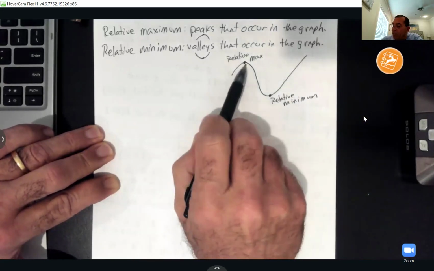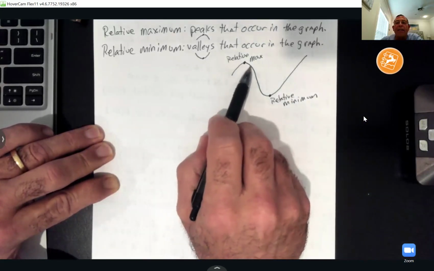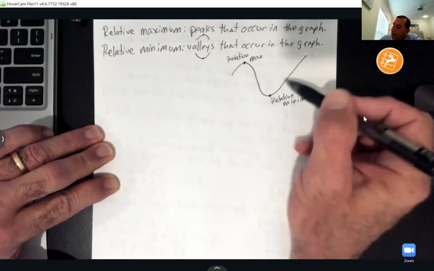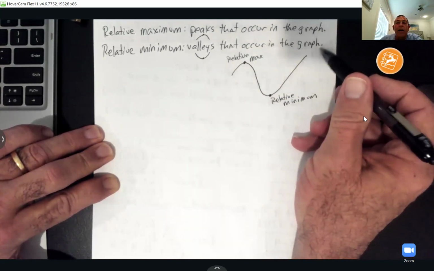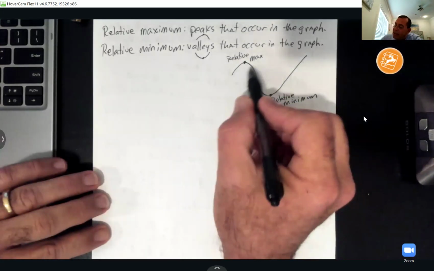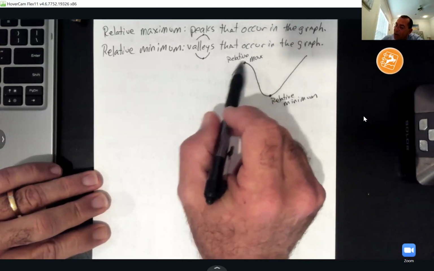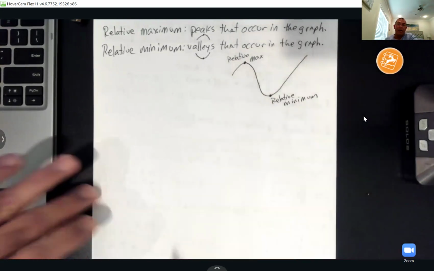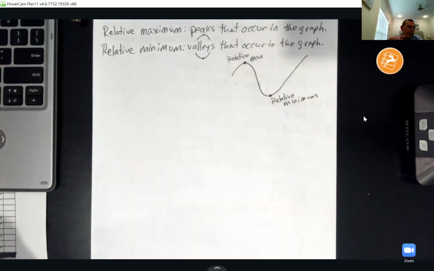I want you to see the relative max, although it's the maximum on this little peak, this graph is going uphill forever. So it's not the overall maximum, but it is the maximum value relative to this area, okay? So let's go look at these examples.